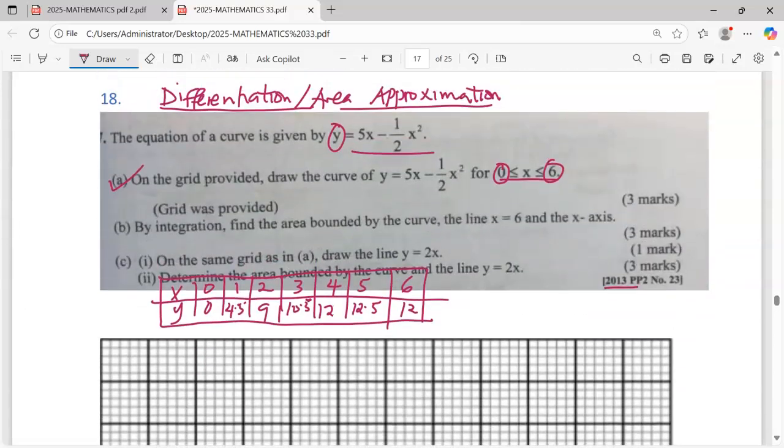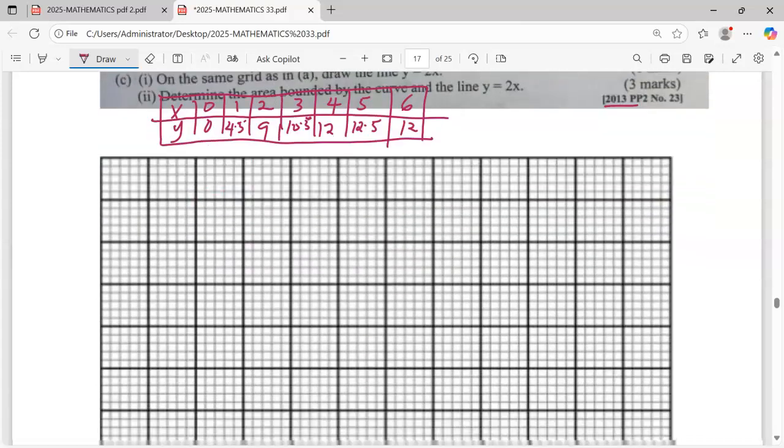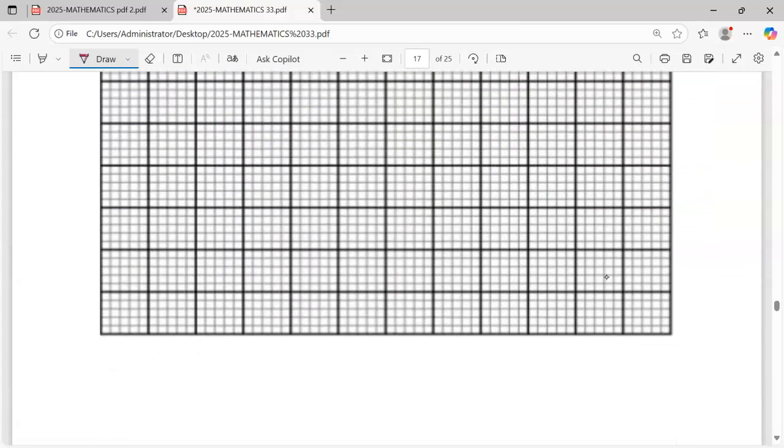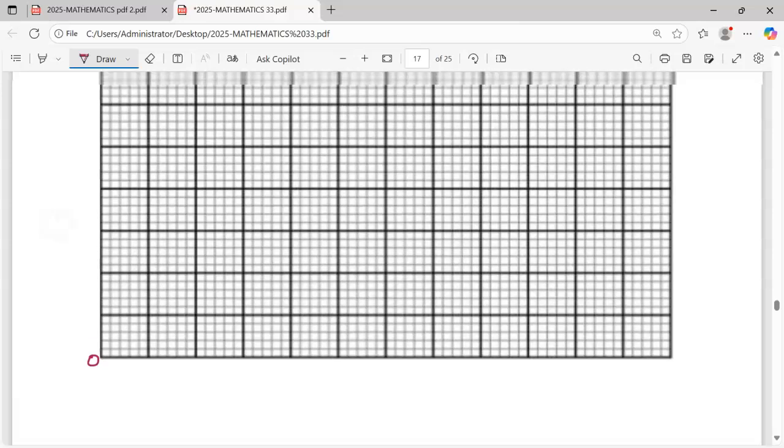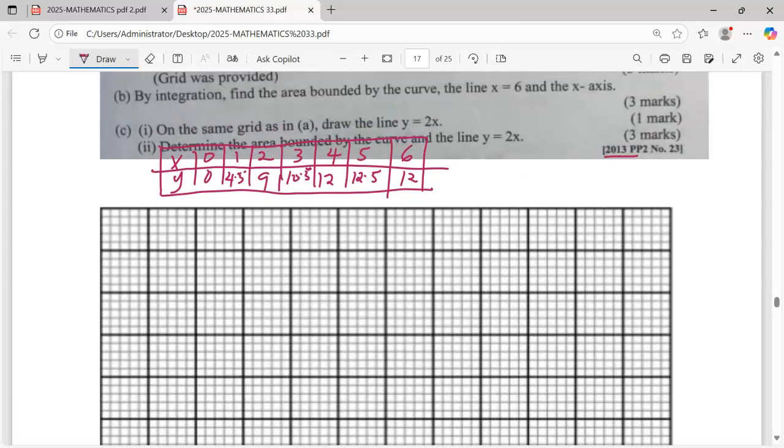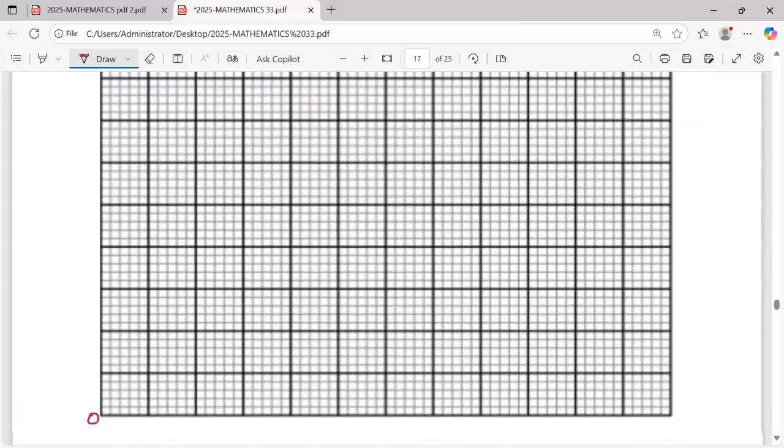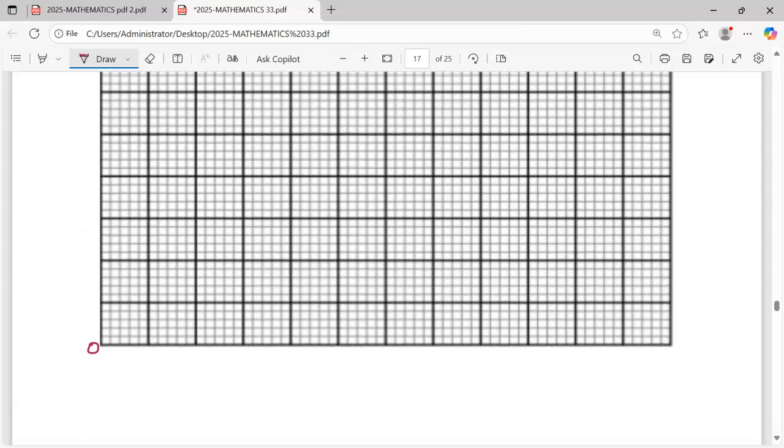Remember, we do not have the negative values of x and y, and therefore we can decide that the common point O is to be at this point. Then going upwards, you realize that the highest value of y we have is 12.5, and therefore we can decide to use a scale of 2.